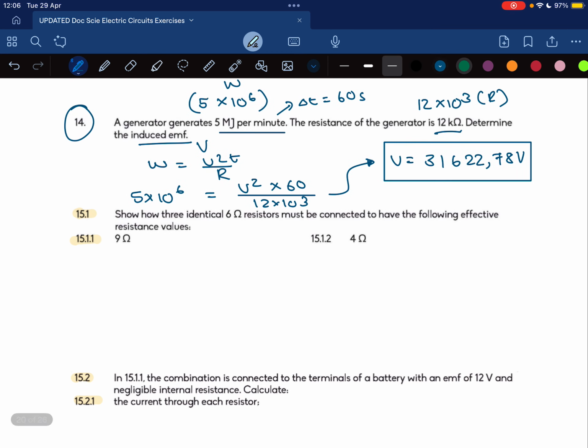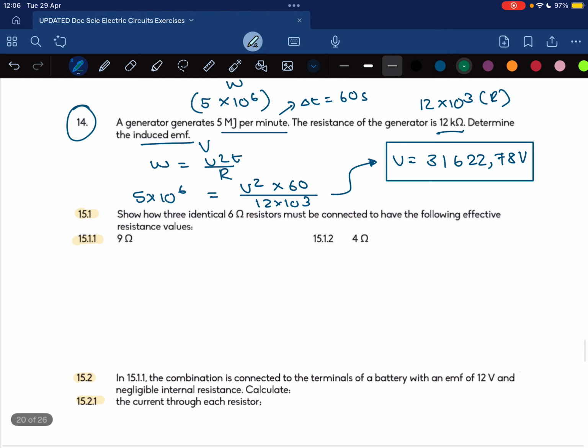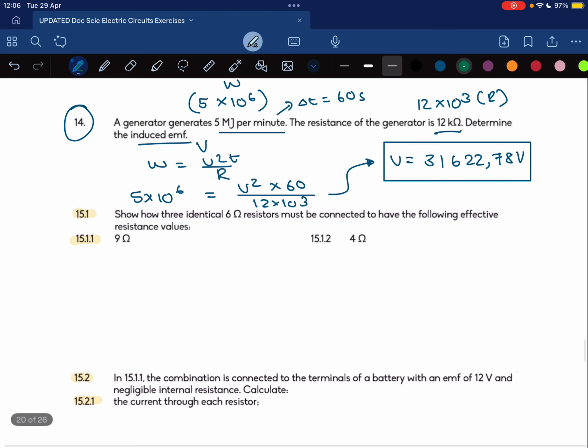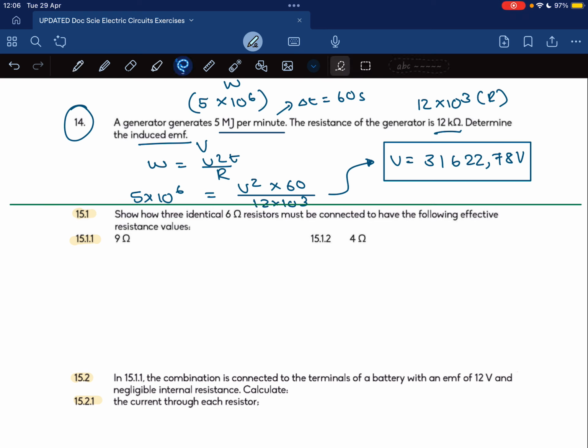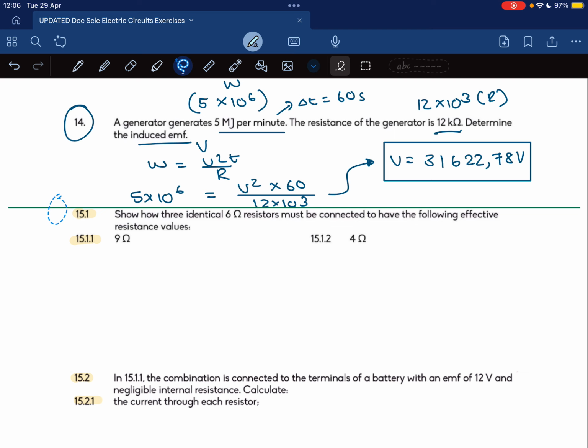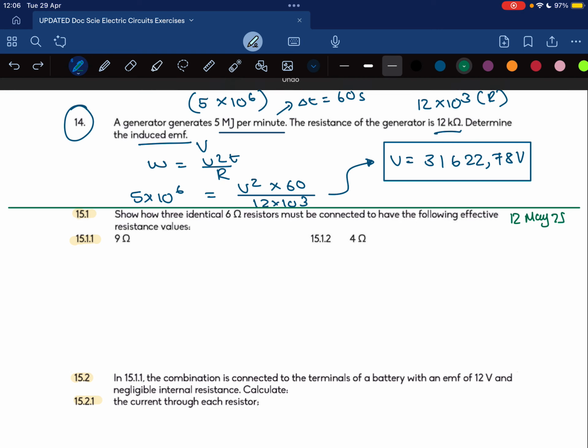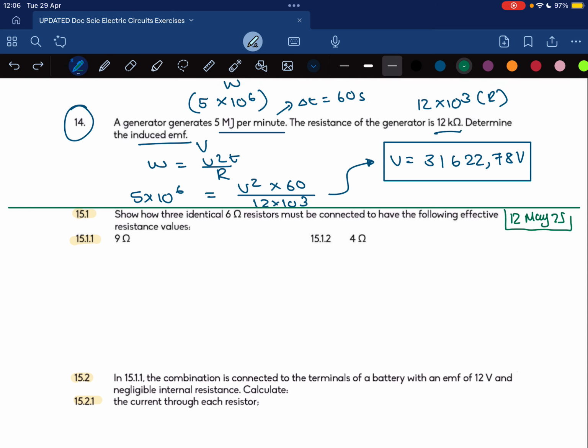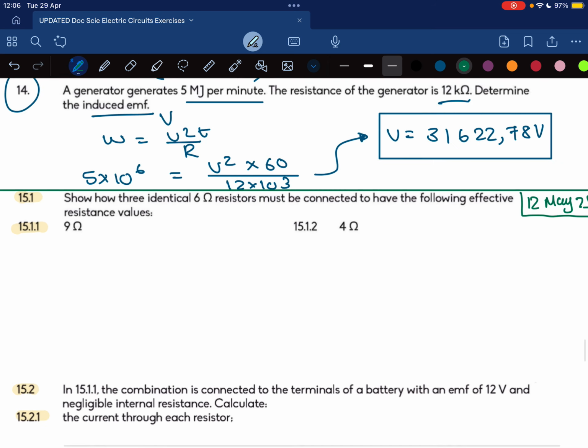You can put the date somewhere, which is going to be the 12th of May. We're just looking at combination circuits again, but this time that includes power as well. It's still power calculations, but now we're going to look at some more advanced things.